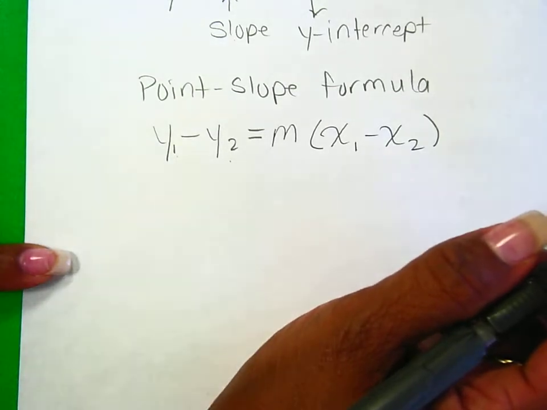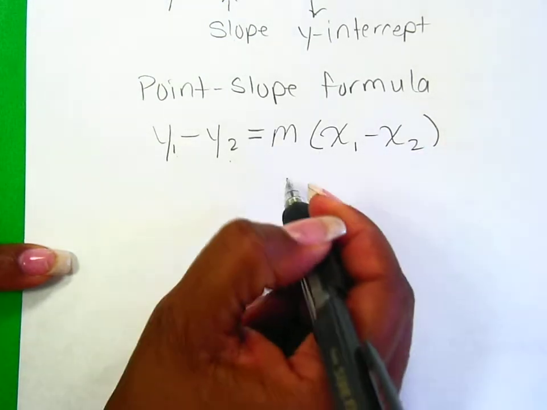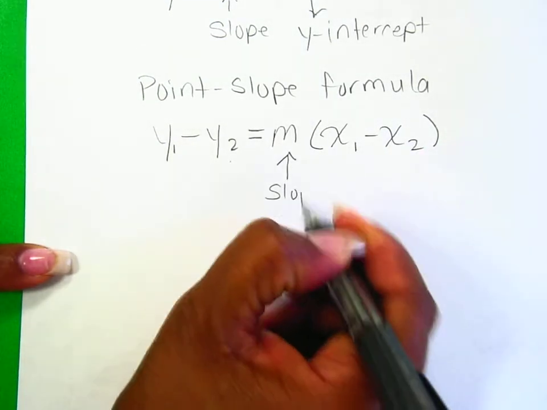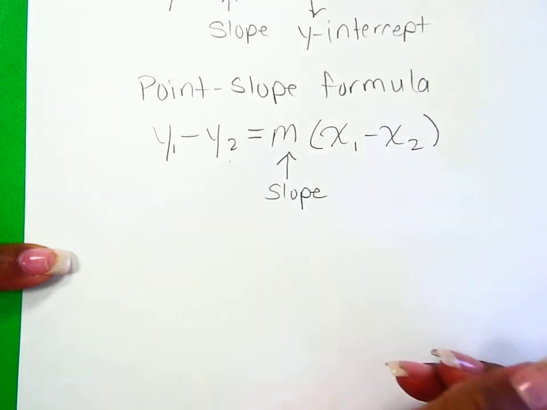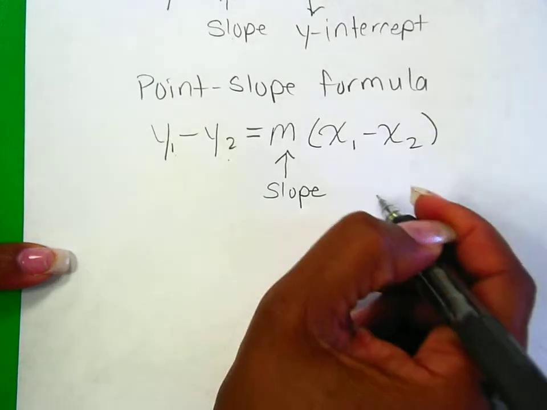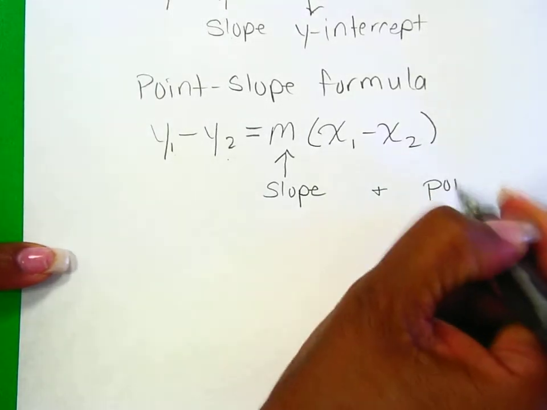This right here is your lovely point slope formula. So you can see that if you have a slope, you just need 1 point, a slope and a point, okay?